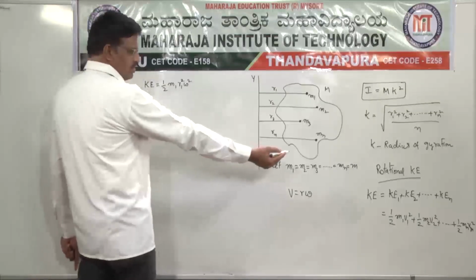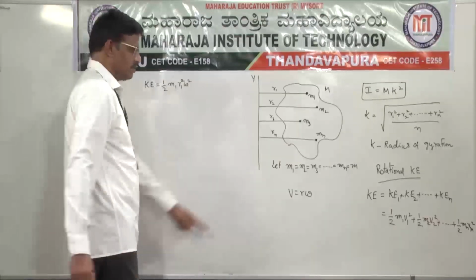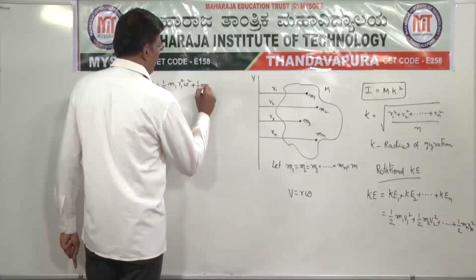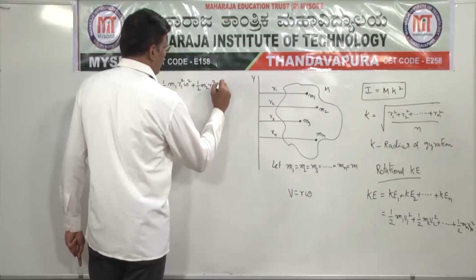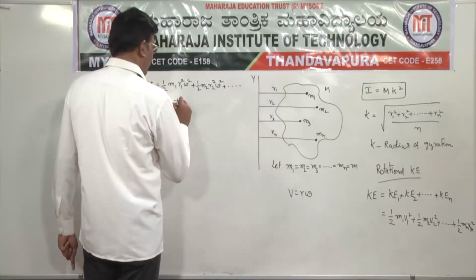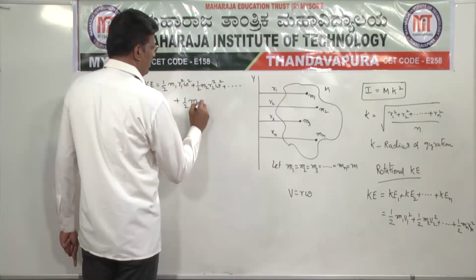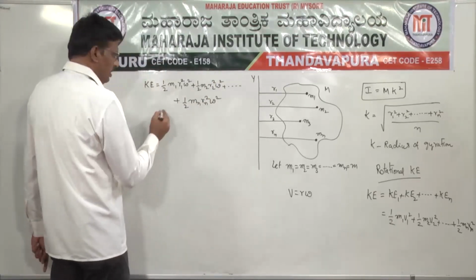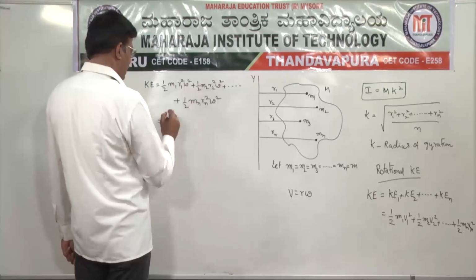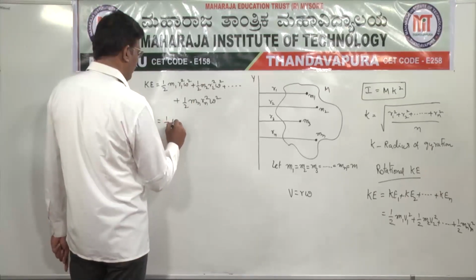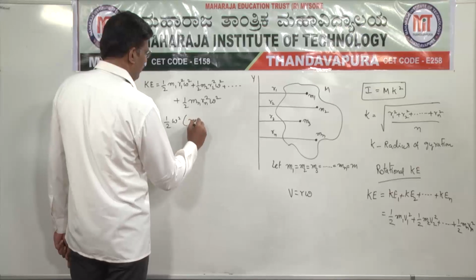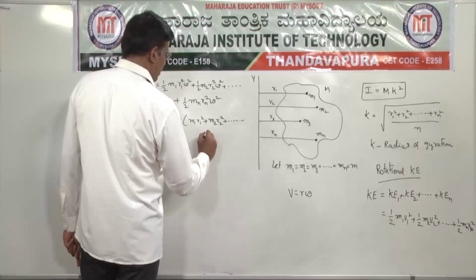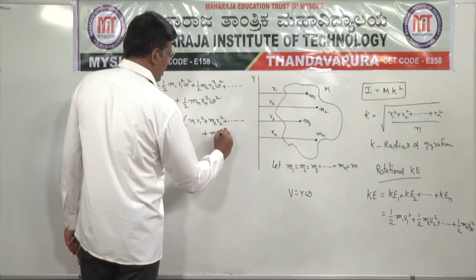So v1 square can be written as r1 square into omega square, v2 square as r2 square omega square, say half m2 r2 square omega square plus and so on, plus half mn rn square omega square. That is equal to, half and omega square are common, half omega square into m1 r1 square plus m2 r2 square and so on, plus mn rn square.